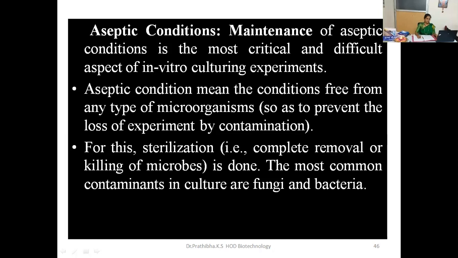Very minor contamination in tissue culture will spoil the entire regenerated plant system. Sterilization, that is, complete removal or killing of microorganisms, can be done using physical agents, chemical agents, or even gaseous agents. The most common contaminants in culture are fungi and bacteria.